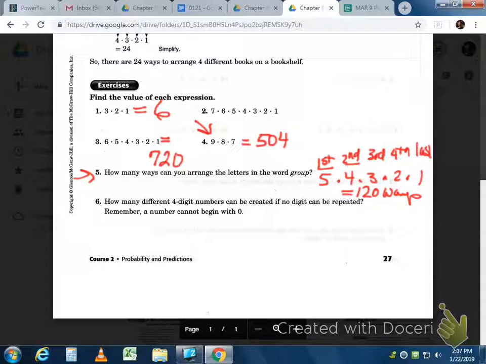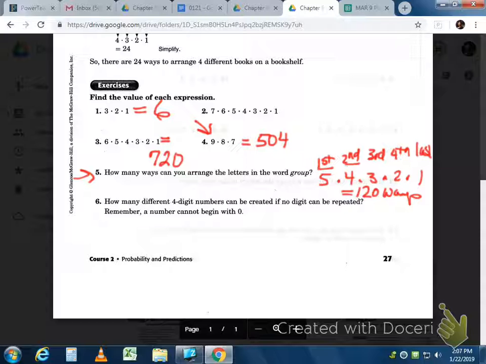Okay, number 6 is a little different. It's similar to the one where I said they may not use up all of the spots. How many different 4-digit numbers can be created if no digit can repeat? Remember, a number cannot begin with 0.